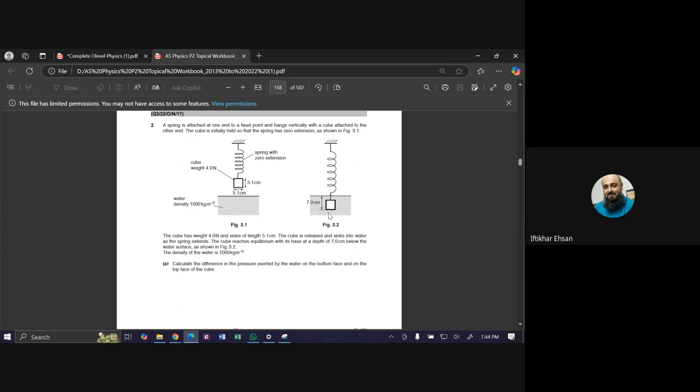It is inside and 7 centimeter deep. The cube has a weight and length and the cube is released. The cube reaches equilibrium. This is important. And it says equilibrium, it means the upward and downward forces are equal. They are balanced.